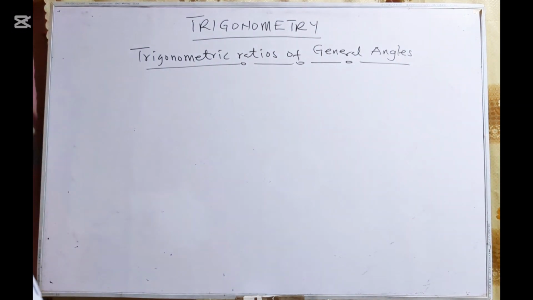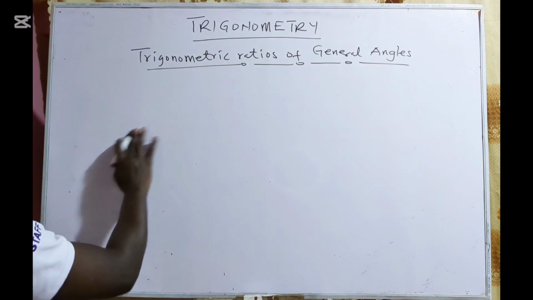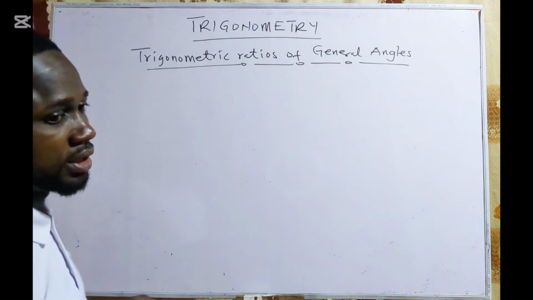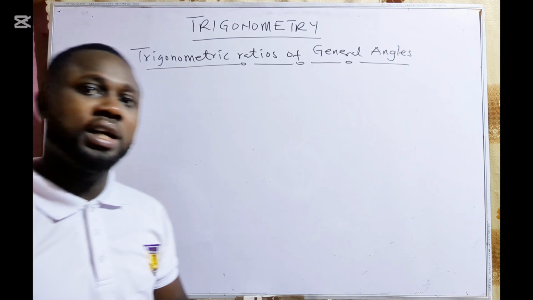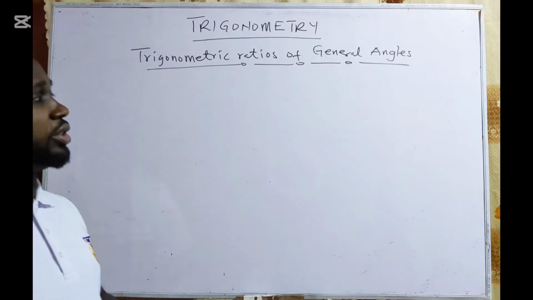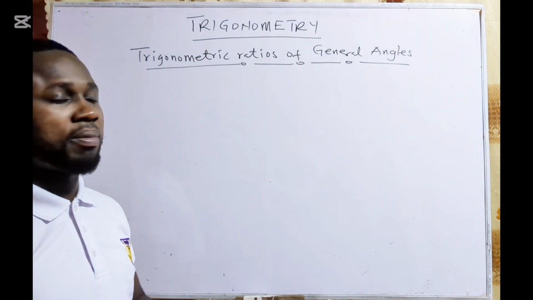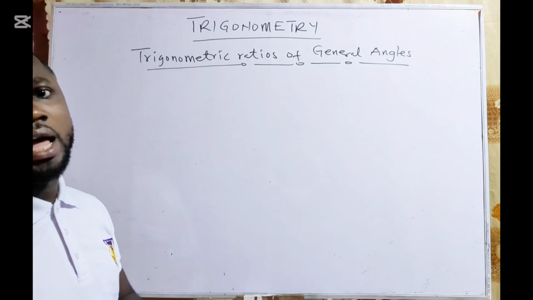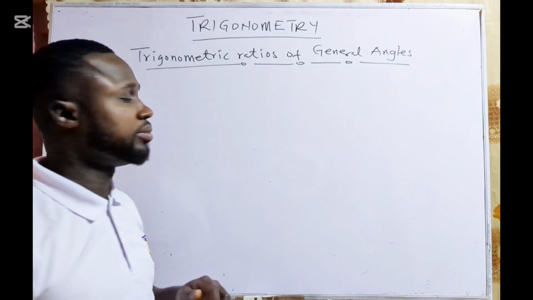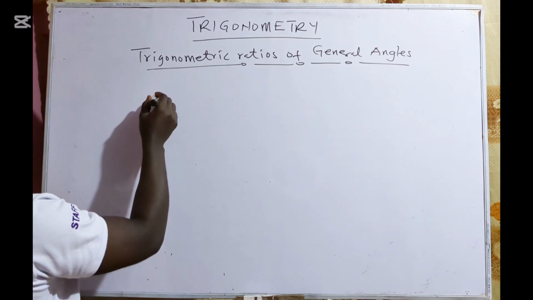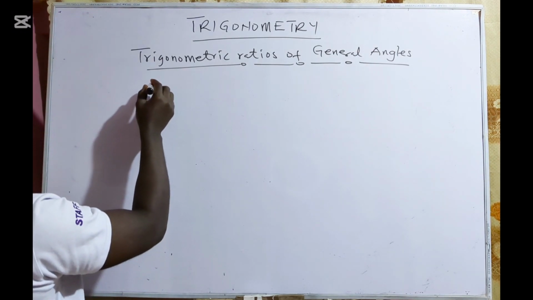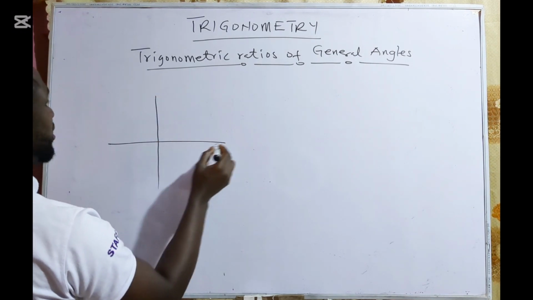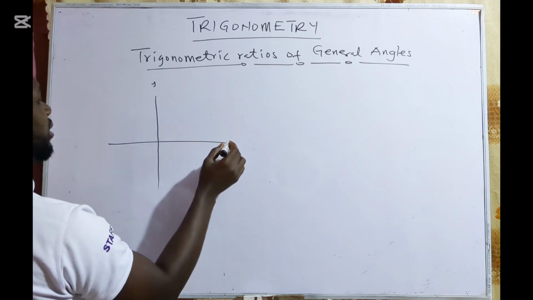So first of all, what we should know is that angles in trigonometry are measured from the positive x-axis in an anti-clockwise direction. So this is my y-axis, this is my x-axis.